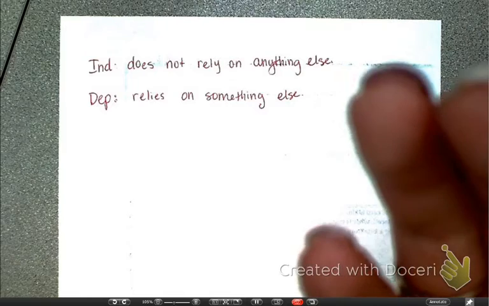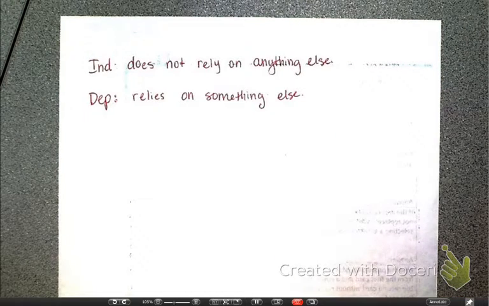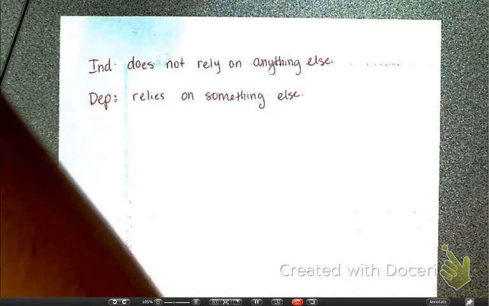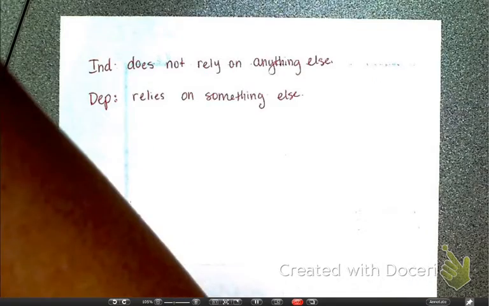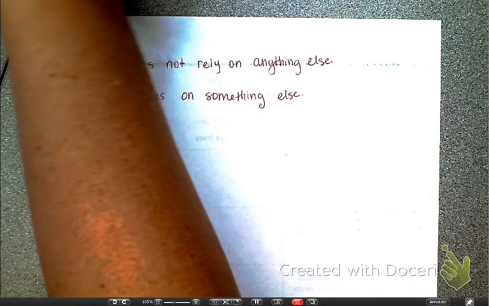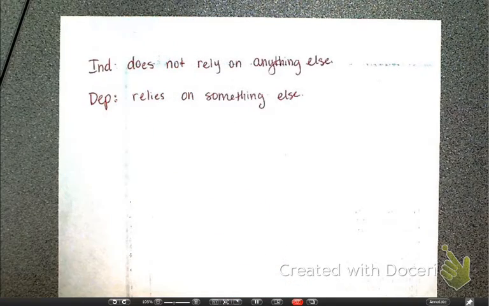That becomes dependent because it changes my probability. It depends on the first card. So independent doesn't change probability, and dependent depends on something else happening first. So that 7 being pulled depends on what was pulled the first time and whether or not that card was replaced. Okay, I'm not going to ask you which ones are independent versus dependent, but I want you to understand the difference between the two.